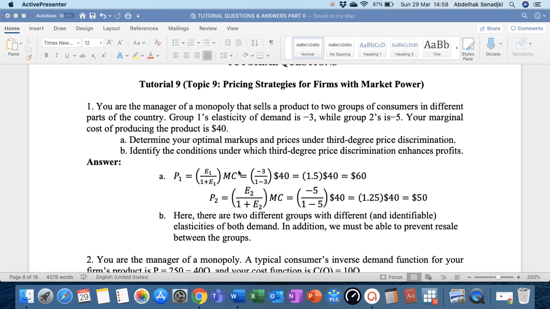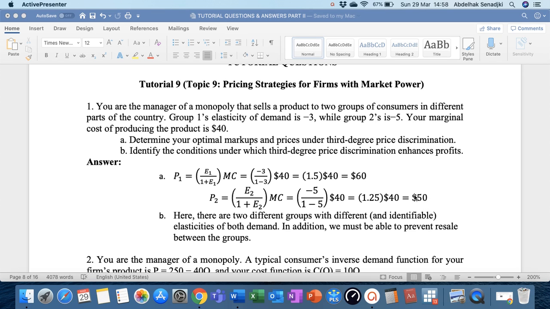For the first group, elasticity is -3, therefore P1 equals -3 divided by 1 minus 3 times 40, which equals 60. And for the second group, P2 equals E2 divided by 1 plus E2, which is -5 divided by 1 minus 5 times 40 MC, and equals 50. So we are going to charge the first group $60 and the second group $50.